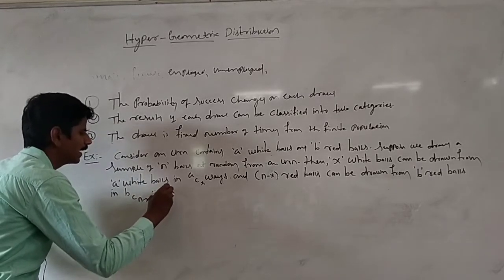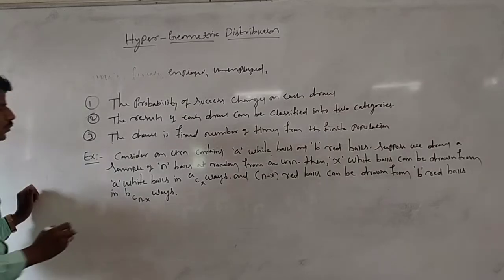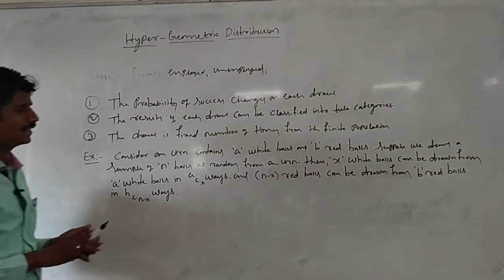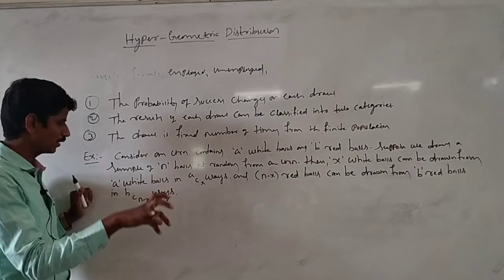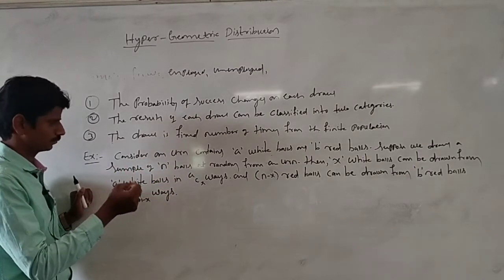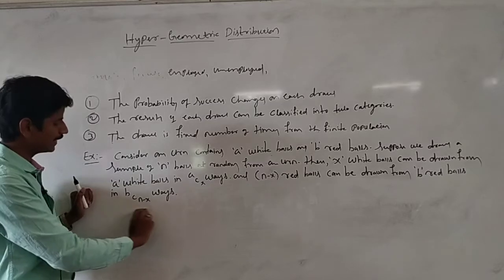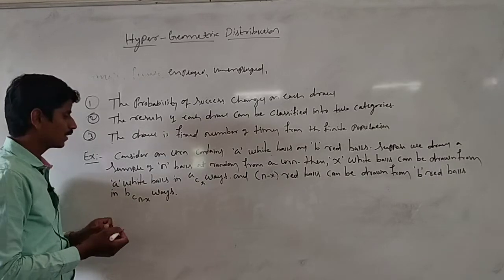Out of B red balls, n minus x balls are drawn in BC n minus x ways.